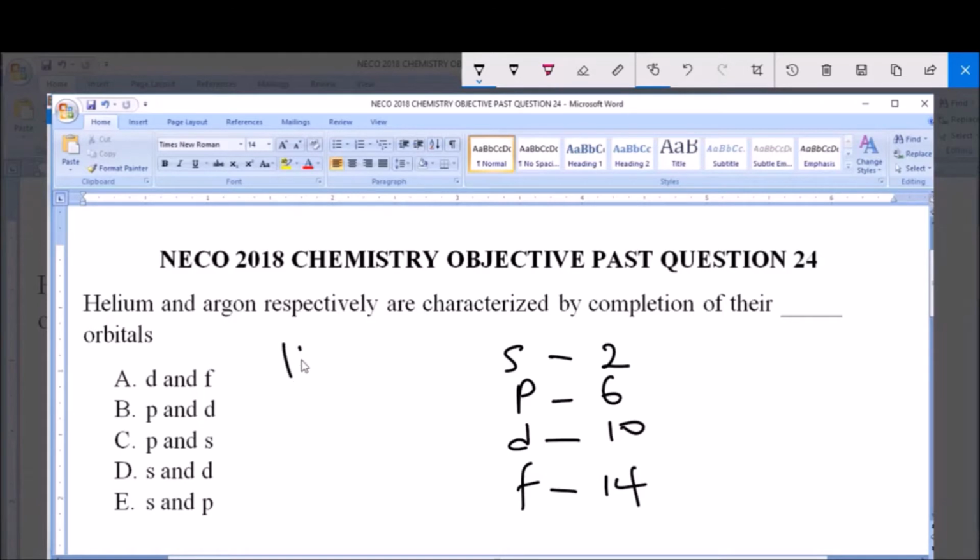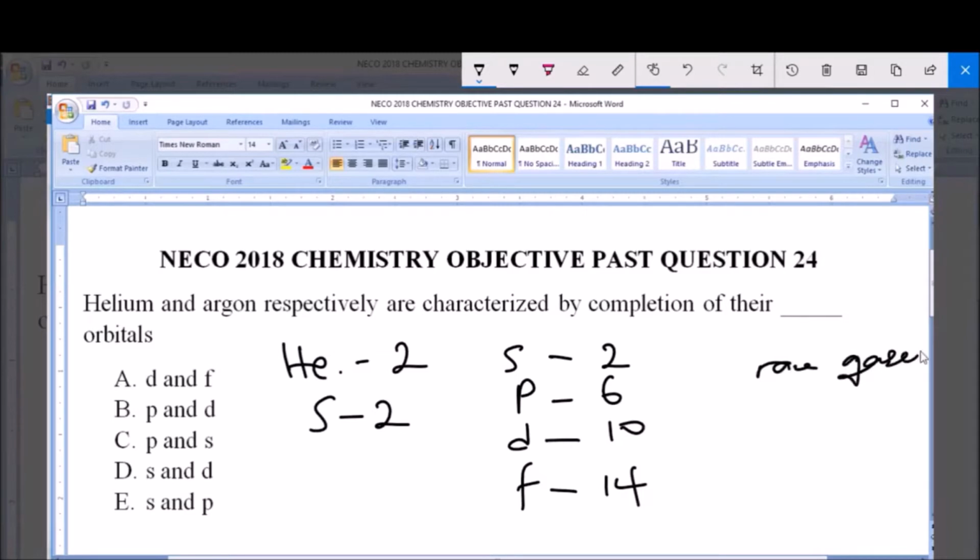helium has an atomic number of 2, and therefore its s orbital is fully occupied. That is, its s orbital is completed by these 2 electrons. And like you know, helium and argon are rare gases.